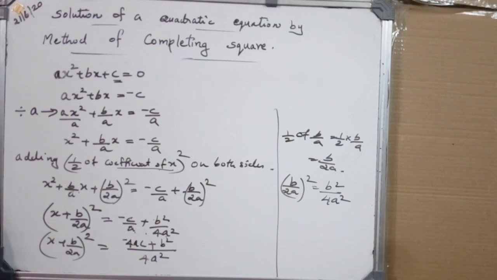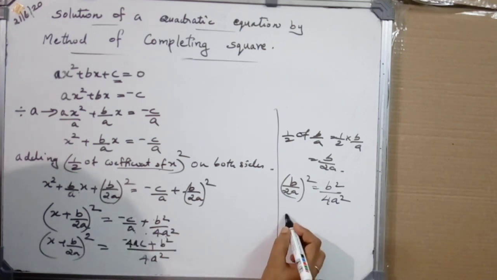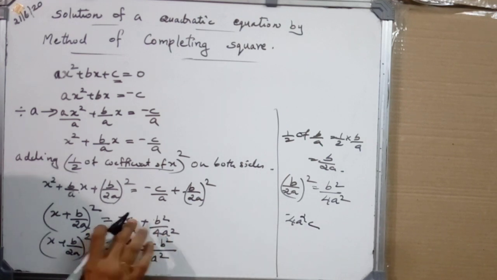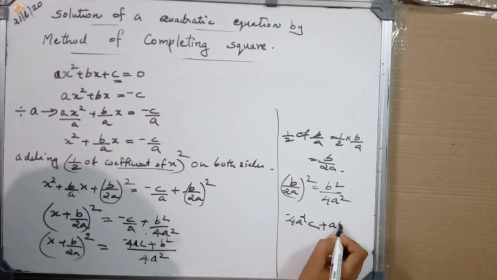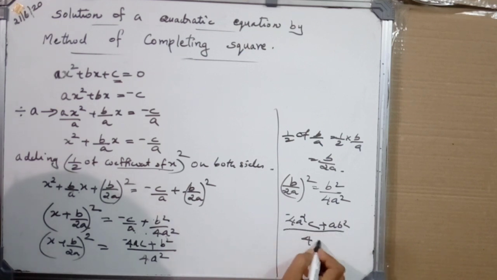Or you can do cross multiplication also here, with 4a square. So I'll show you how it is. If you do cross multiplication, minus 4a square c plus b square into a, that is b square a by 4a cube. You will get a into 4a square, which is 4a cube.